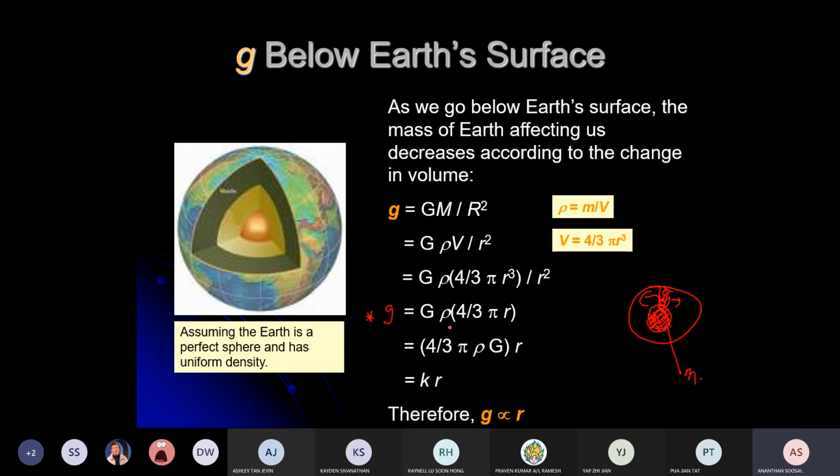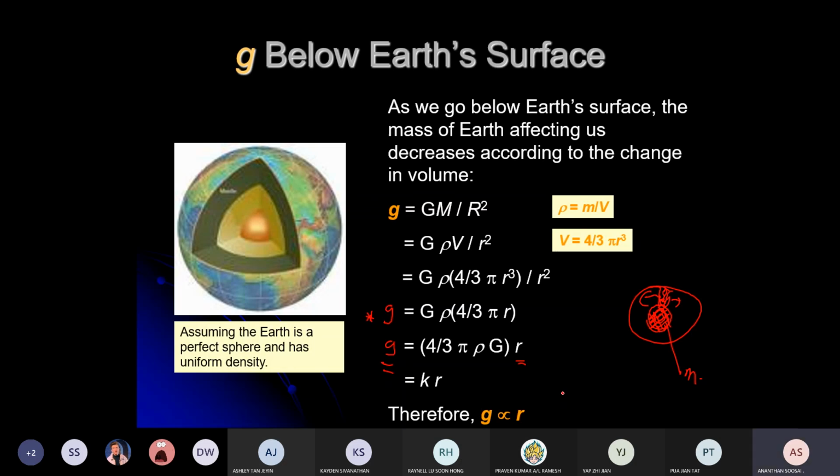Finally, g is found to be proportional to r inside the planet. Therefore g is directly proportional to r when you go into the planet.